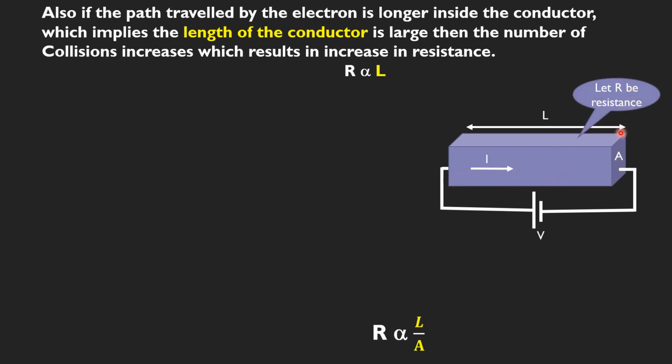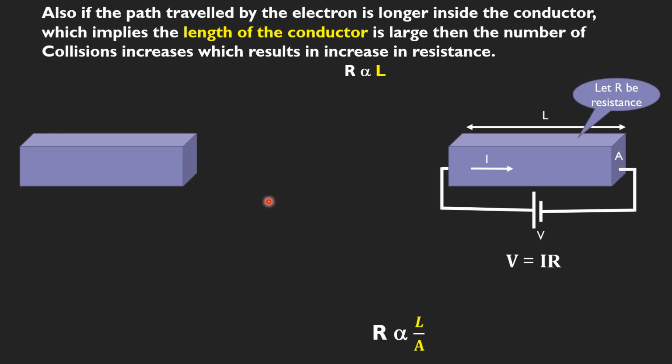Let R be the original resistance of the conductor for a length L. Then V is equal to IR is the equation which holds to calculate the current flowing through the conductor.